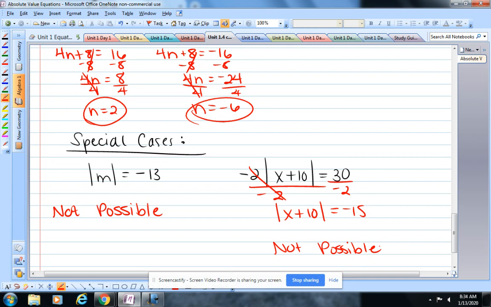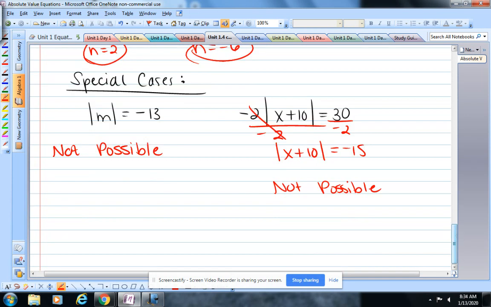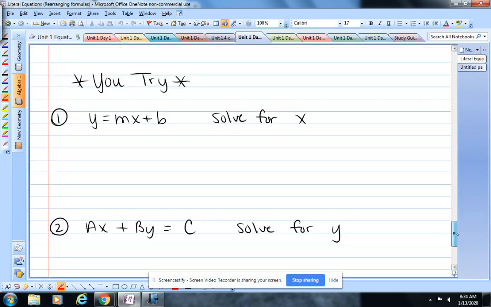And then once you have the absolute value bars equals a negative, you just stop and say not possible. Now, don't erase your work that you already did, okay? You need that work, but stop and say not possible. All right, that is it for absolute value equations. So if you want another piece of paper, we're not talking in between. We're just going on to something else.